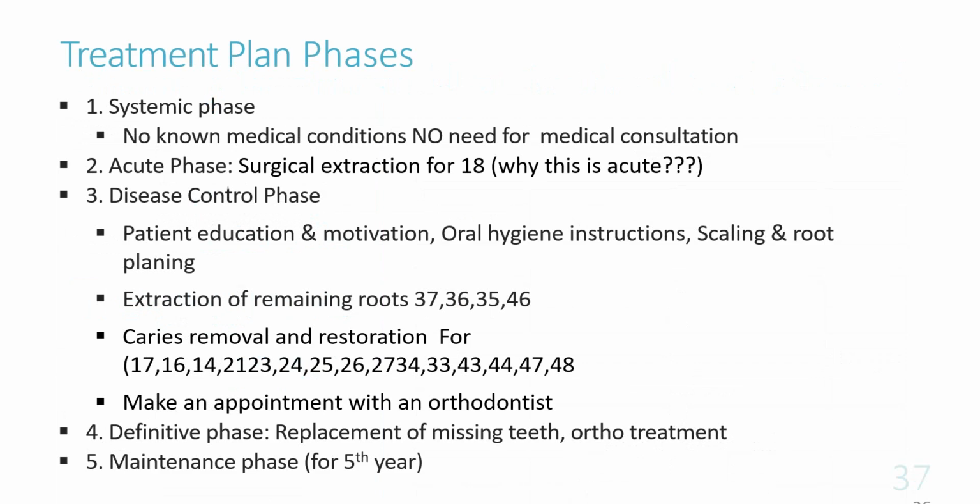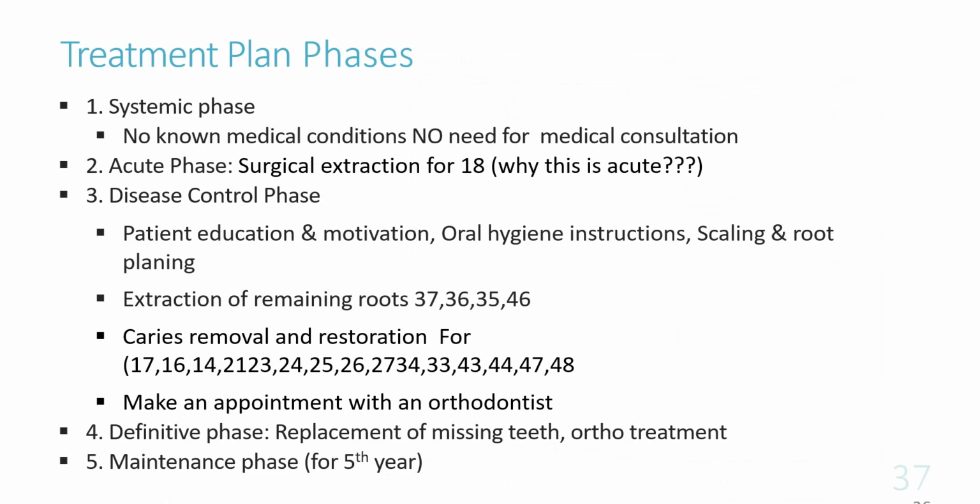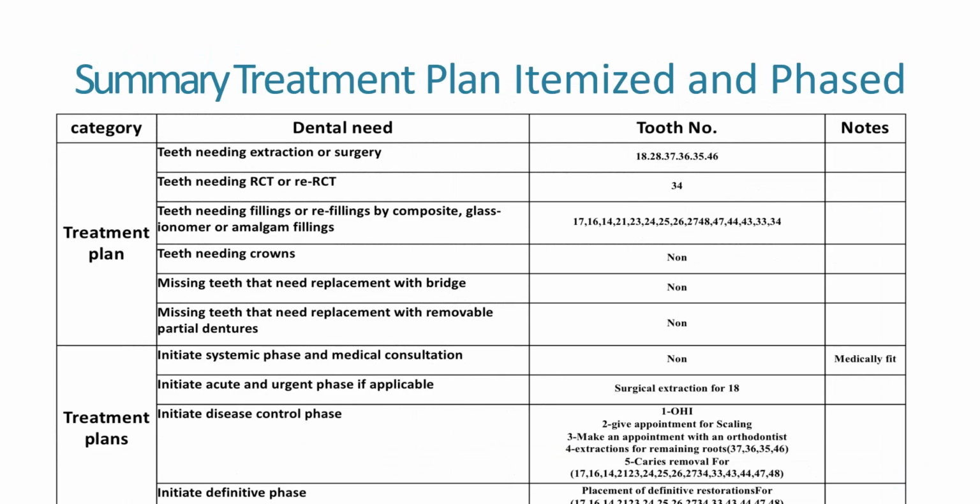Itemized, it is categorized into types of treatments, like teeth needing extraction, teeth in need of RCT or re-RCT, fillings, crowns, bridges, removable partial dentures, and then all of this is placed into the phases.